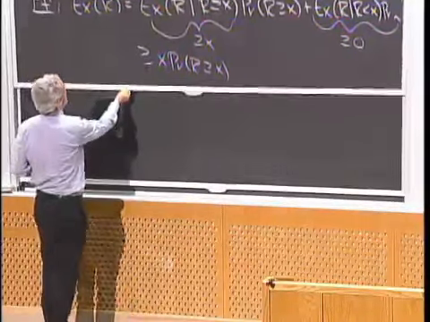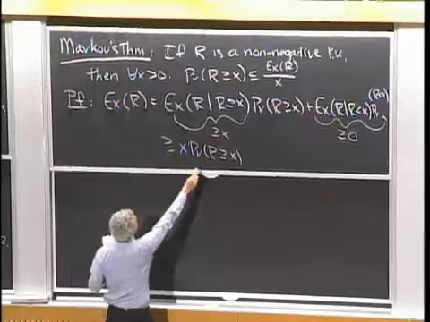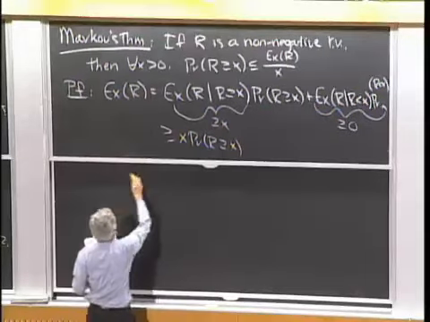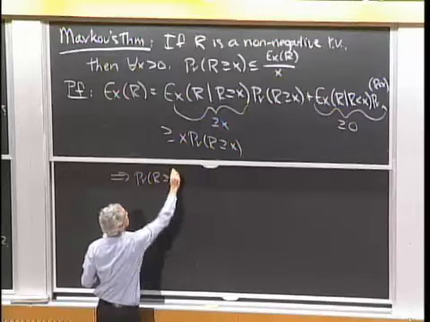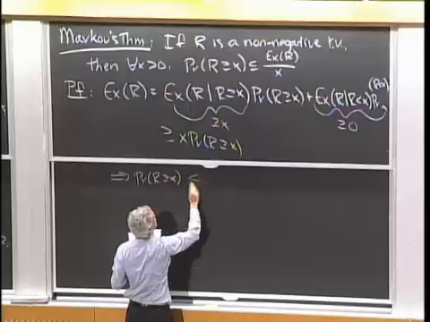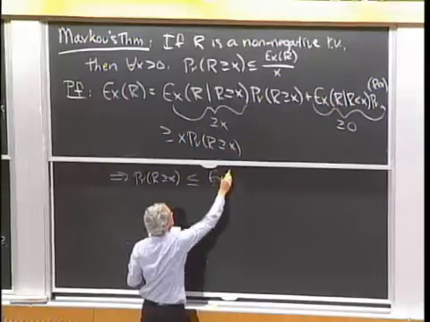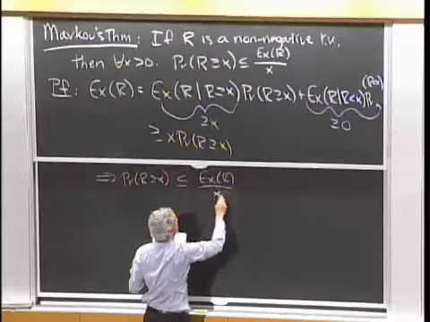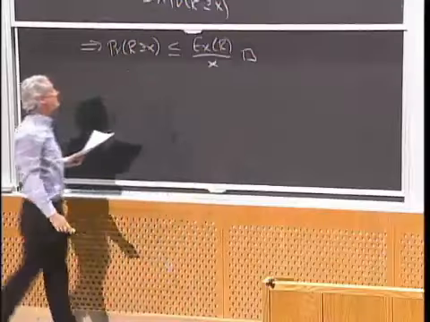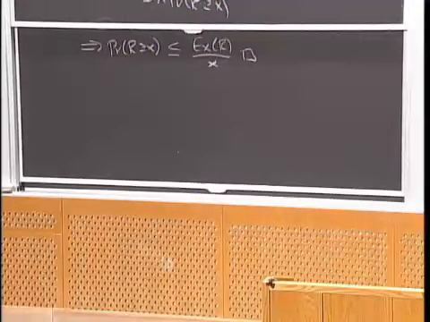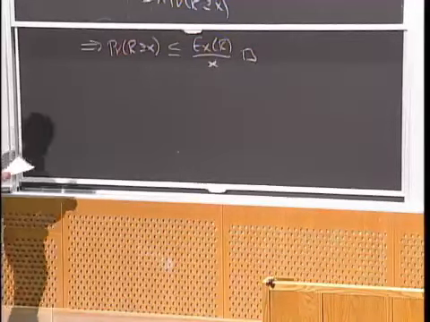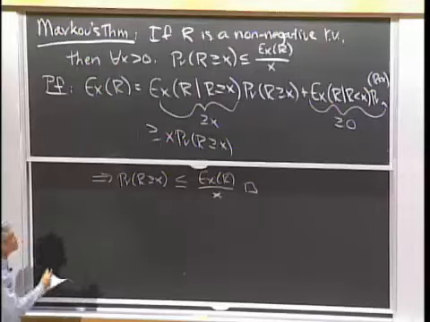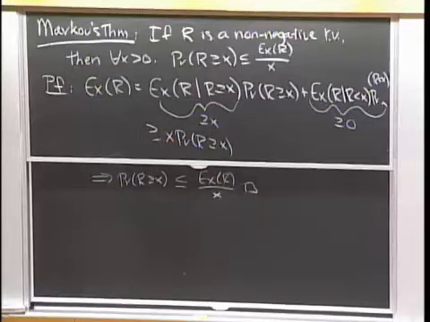And now I can get the theorem by just dividing by x. So the probability is less than or equal to the expected value of R divided by x. Right? So it's a very easy theorem to prove, but it's going to have amazing consequences that we're going to build up through a series of results today. Any questions about Markov's theorem and the proof?